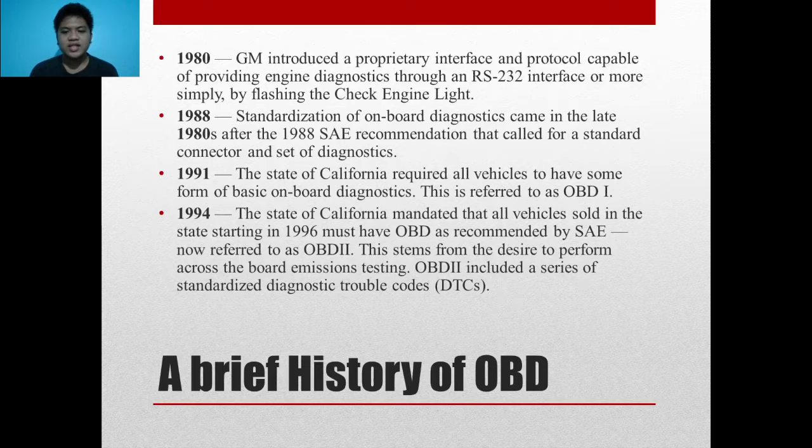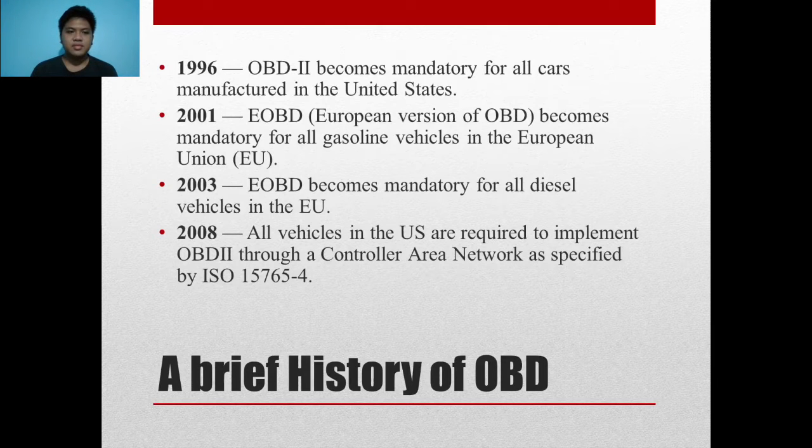This stems from the desire to perform across-the-board emission testing. OBD2 included a series of standardized diagnostic trouble codes, or DTCs for short. In 1996, OBD2 became mandatory for all cars manufactured in the United States.